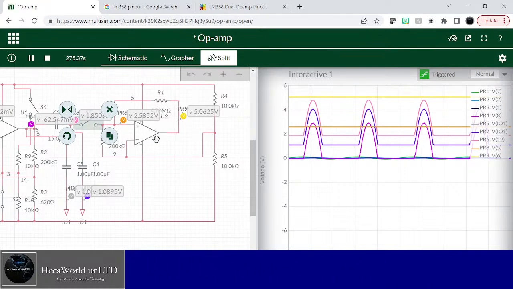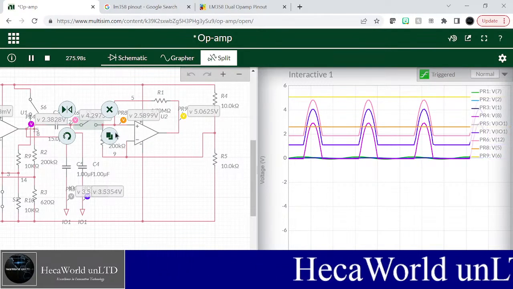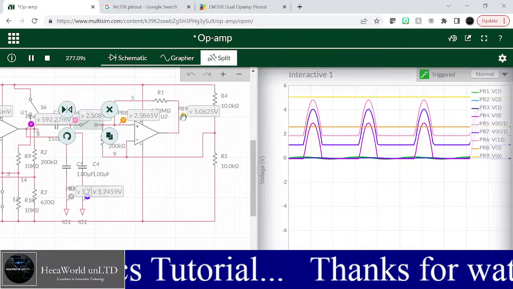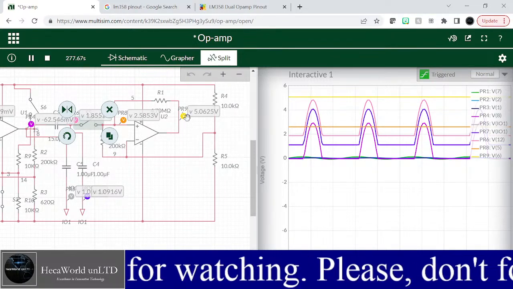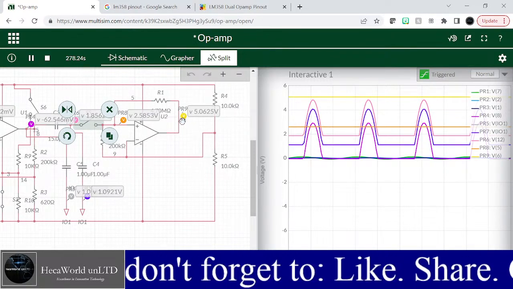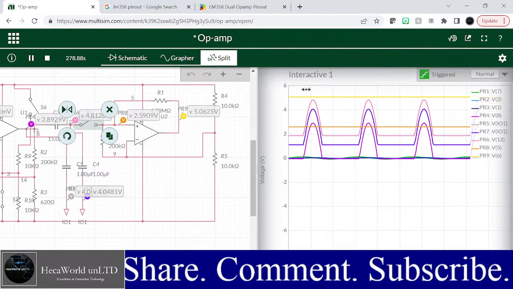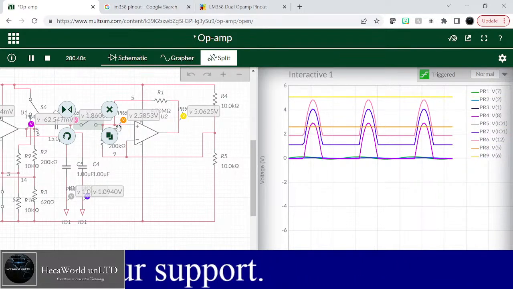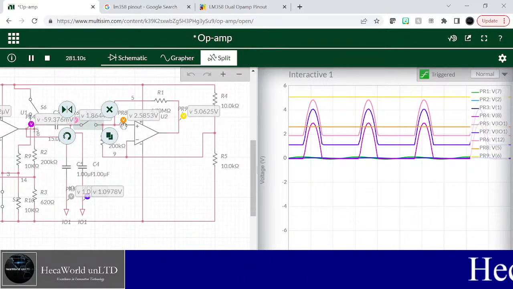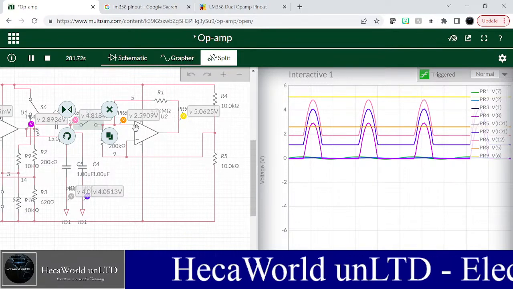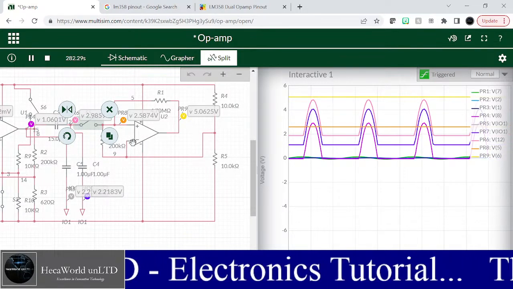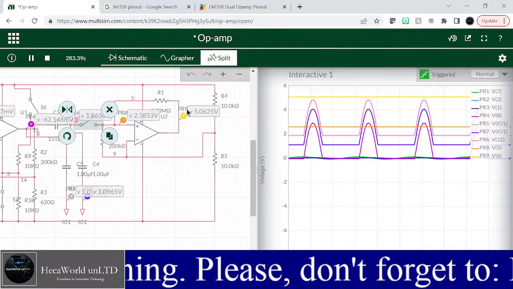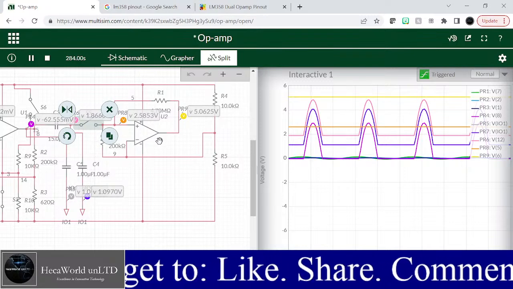So I'm holding it at the center voltage, and then the output, which is the ninth probe, is maintained at 5 volts. So it's telling me that the voltage at the non-inverting input is either equal to or greater than the voltage at the inverting input. And for that reason, probe 9 is giving me 5 volts.